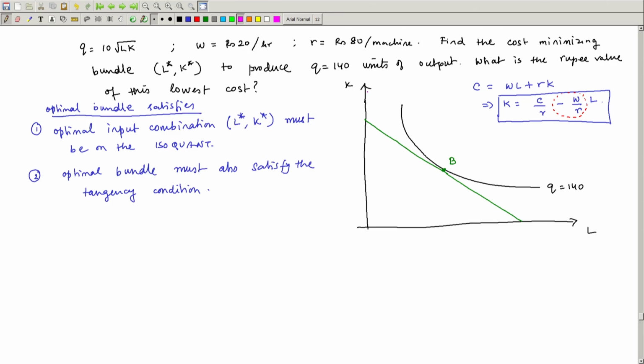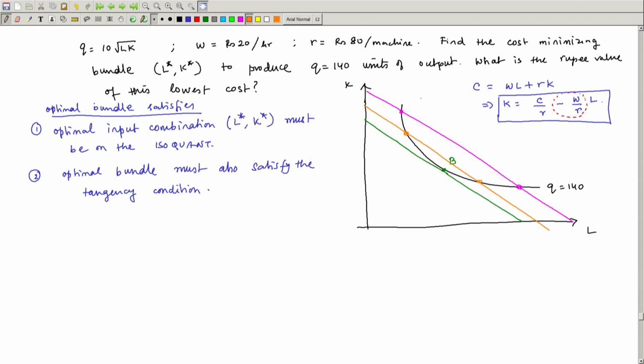Notice there are many isocost lines in this space. This is another isocost line which passes through two potential bundles which also allow me to produce 140 units of output. Here is another isocost line, again passing through two bundles which allow me to produce 140 units of output. So, there are possibly an infinite number of combinations of labor and capital, and through each of those bundles an isocost line is passing. However, they are at different cost levels.